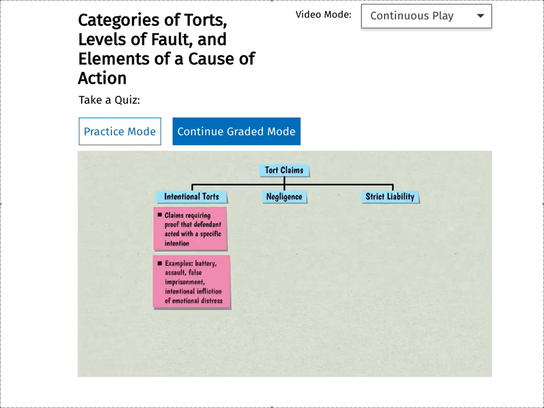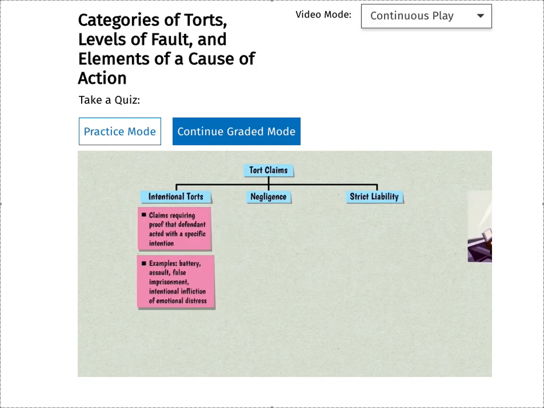Examples of intentional tort claims are battery, assault, false imprisonment, and intentional infliction of emotional distress, all of which are covered in separate practice-perfect reviews.